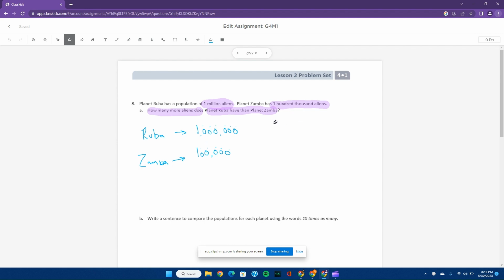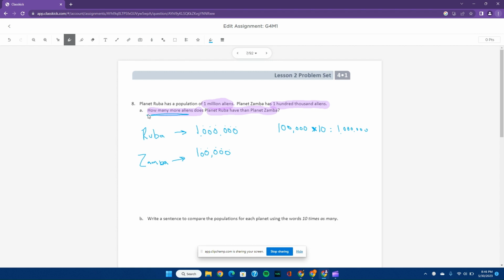So we could say that if we were to take Zamba's amount, which is 100,000, and multiply it by 10, that will give us 1 million, which is Ruba's amount, okay?